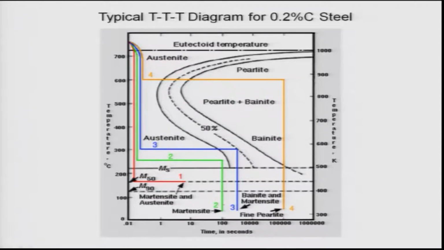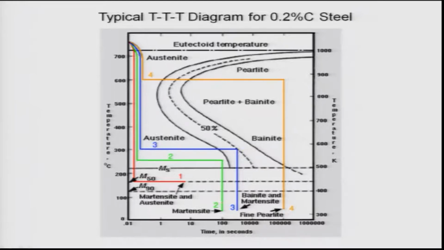The advantage is that you reduce the distortion of the sample, because quenching directly from 727 to about 30 degrees Celsius leads to a lot of distortion. So what is done is much easier: you quench it to an intermediate temperature such that it does not lead to bainitic formation, and hold it there so that the temperature becomes uniform across the sample, distortion is less, and then you quench into room temperature.